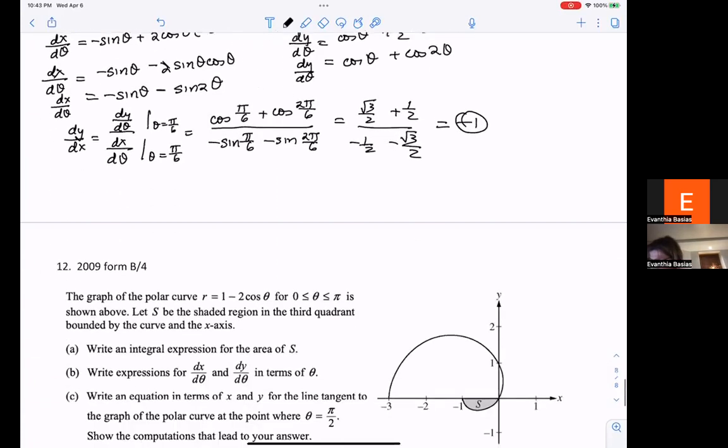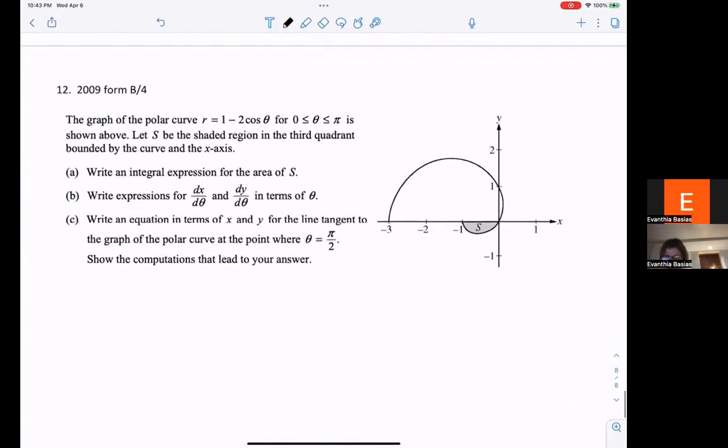Okay, let's now look at this AP question. All right, we will not be able to do A. We'll do that in our next lesson because we don't know area, but we certainly can do B and C. Okay, so this is a curve, r equals 1 minus 2 cos theta, and it looks like 1/2 of a limacon with an inner loop, right?